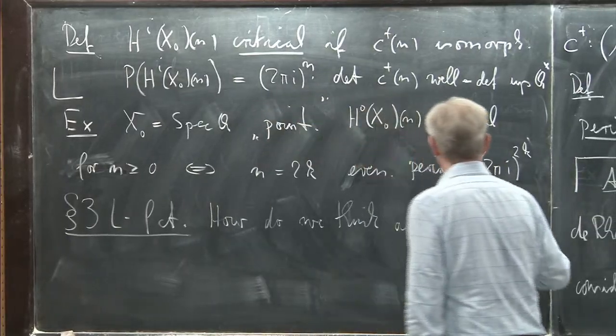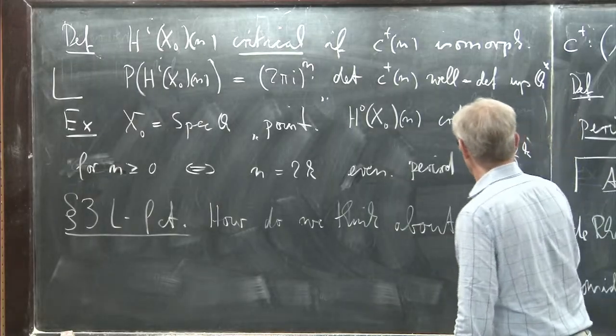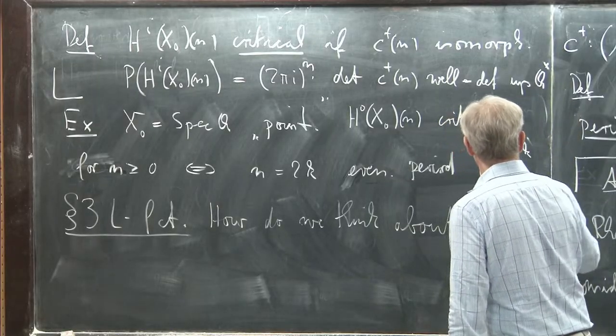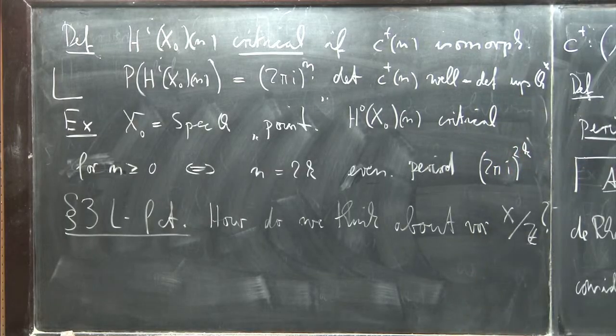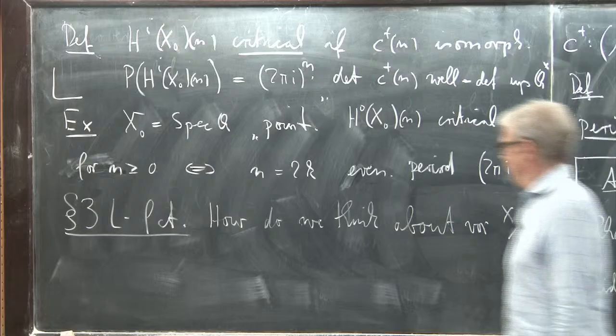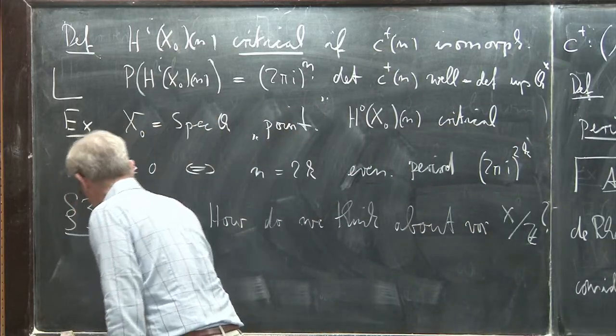So how do we think, we the arithmetic geometers, about a variety x over the integers? We think somehow as being differential geometers.